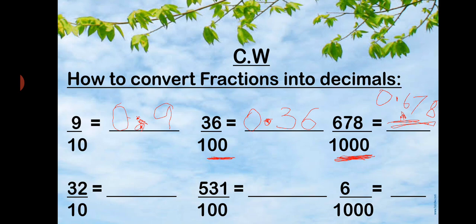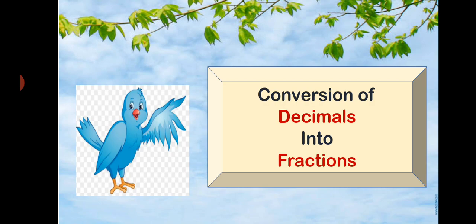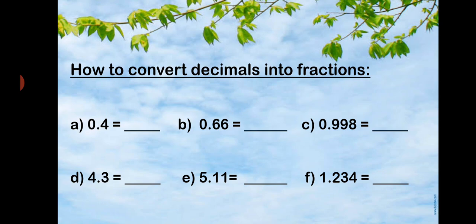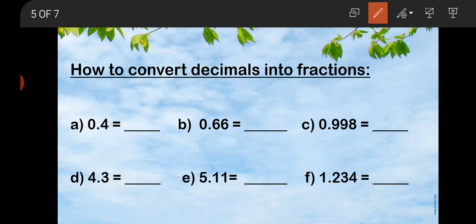Now come to the second question, which is conversion of decimals into fractions. So students, how to convert decimals into fractions? Here we have some decimal numbers given, and we are going to convert them into fractions. As I already told you, the number of digits after point tells us the number of zeros we are going to put in the denominator in the fraction.